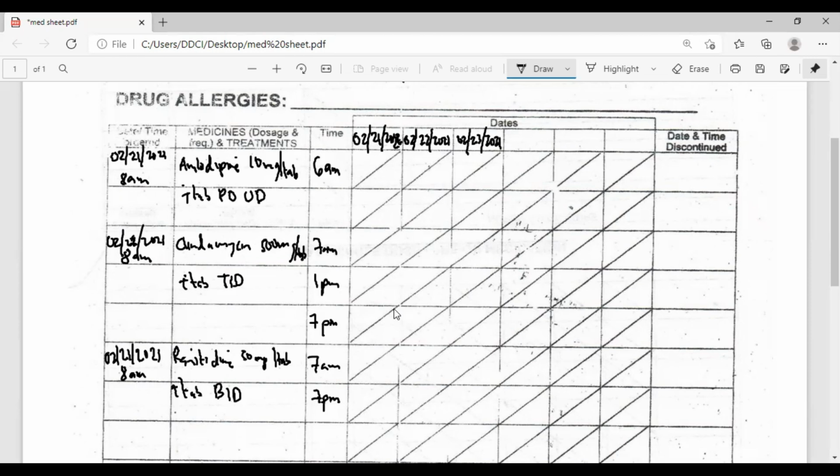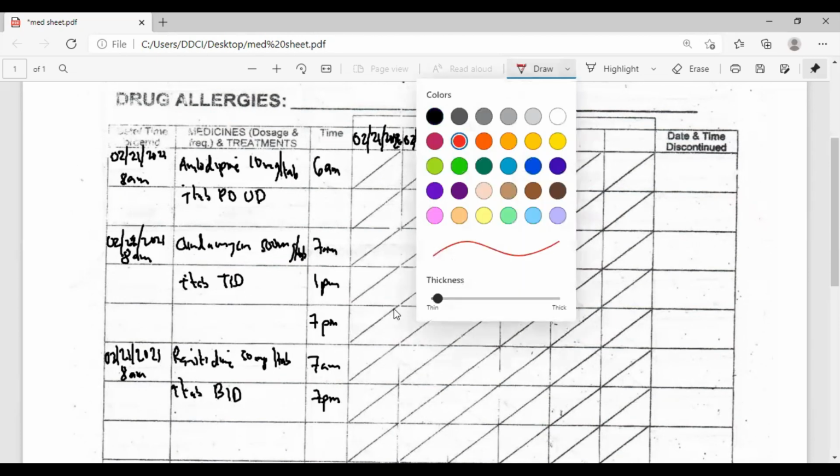So for medication, make sure you follow the correct color coding, especially if you are in the night shift. So for example, you're giving medication. The medication ordered was amlodipine 10 milligram 1 tab PO OD 6 a.m. So let's say the medication was not given on February 21 because it was still being ordered and the patient had to buy the medication, for example.